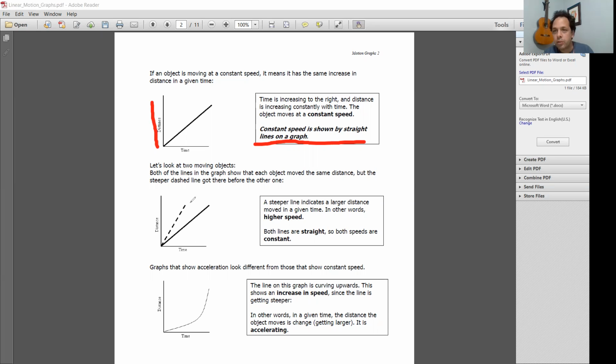Now, what if we look at two objects? This is an important use of this, because we can compare objects. Look, this one's faster than this one. How do I know that?